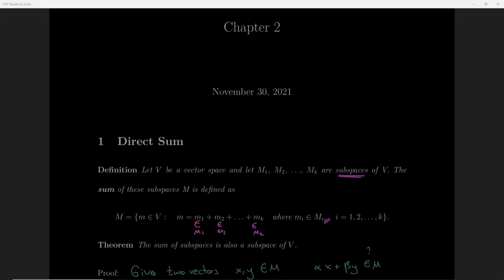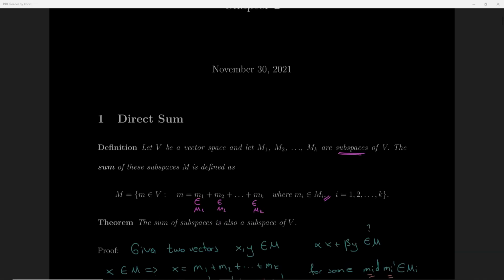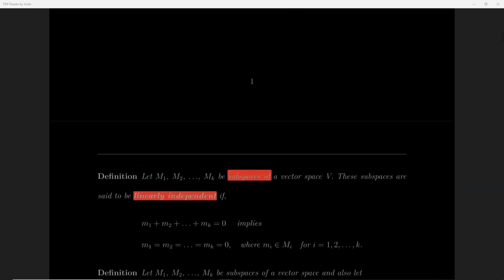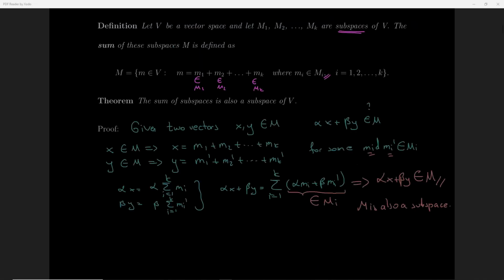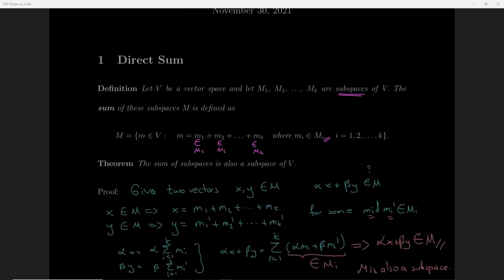All the vectors that can be written as a summation of vectors, where the individual vectors fall into the corresponding subspaces, form a new subspace, capital M, and that is shown by the sum sign over there.